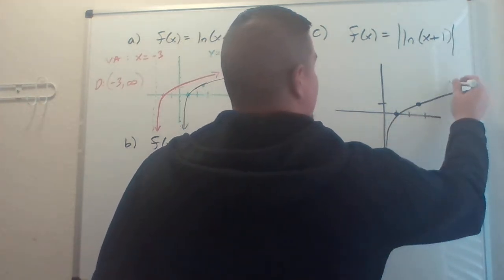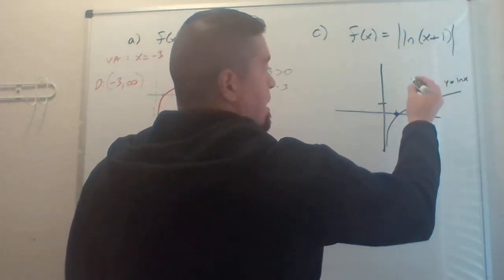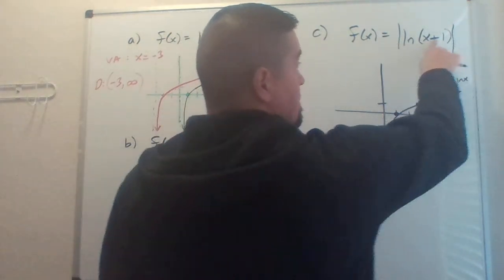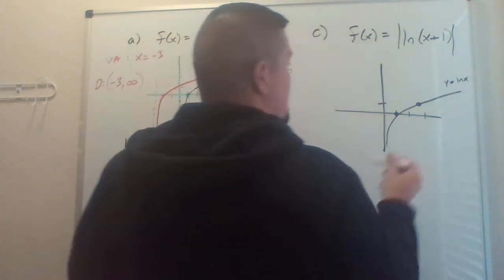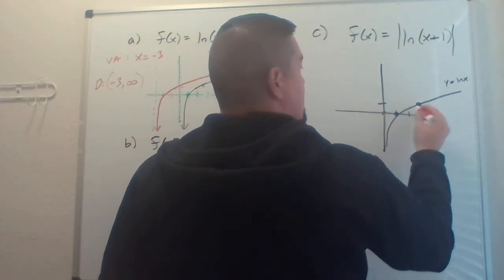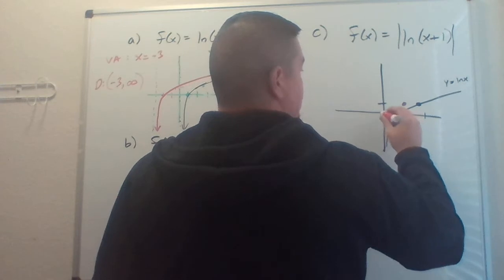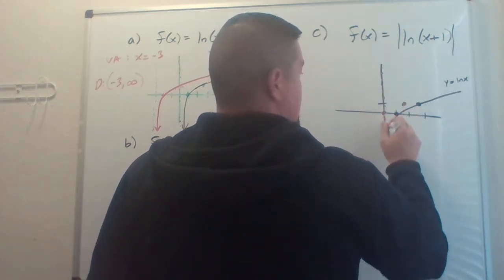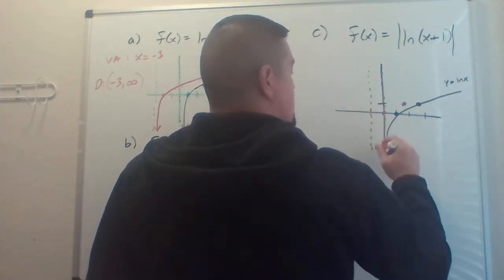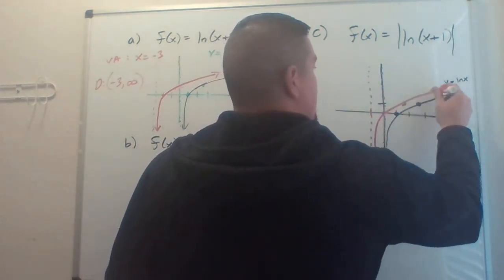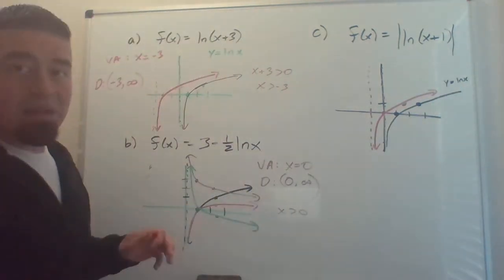So this is ln x, the parent function. And now I just want to shift it to the left 1 unit. So let's do that. And I can graph that, but then I also want to shift this vertical asymptote 1 unit. So here's the graph of natural log of x plus 1.